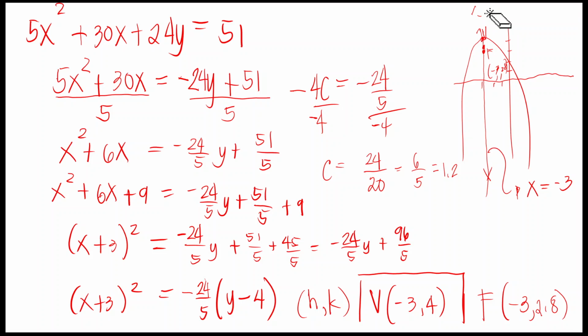So I'm just gonna erase this one, extend, okay, the line a little bit more. Since that is perpendicular and since the axis of symmetry is vertical, the directrix will be horizontal or parallel to the x-axis.